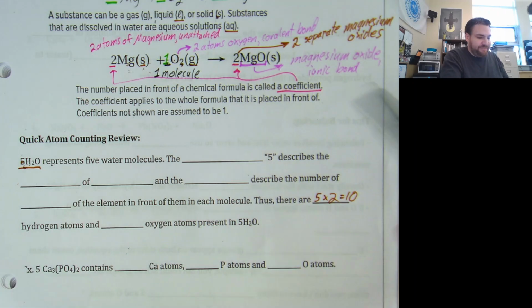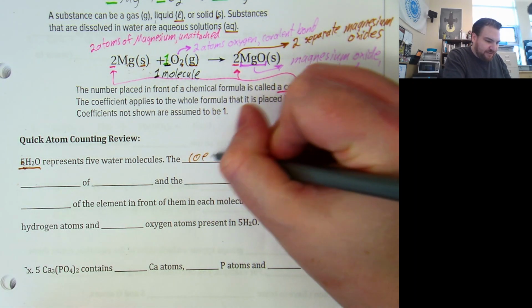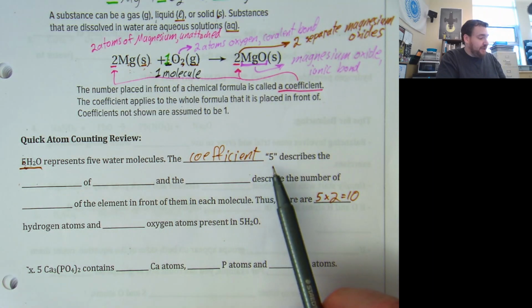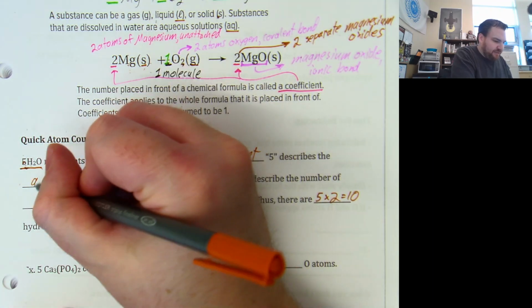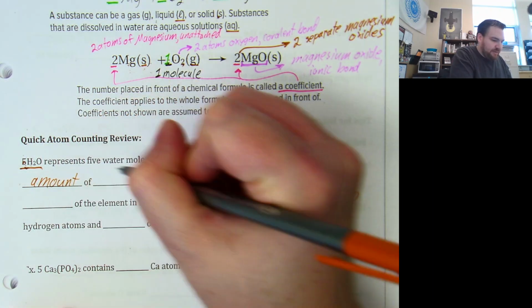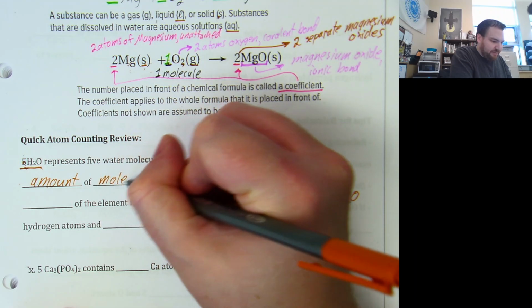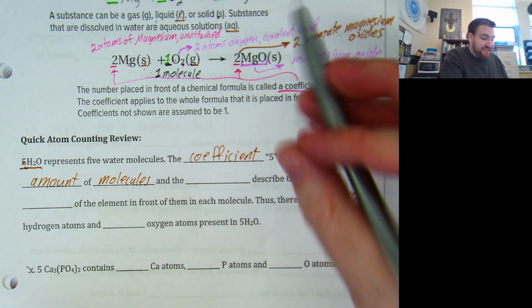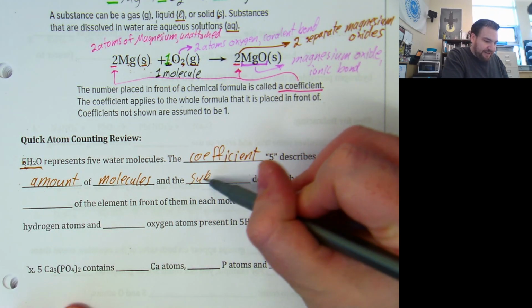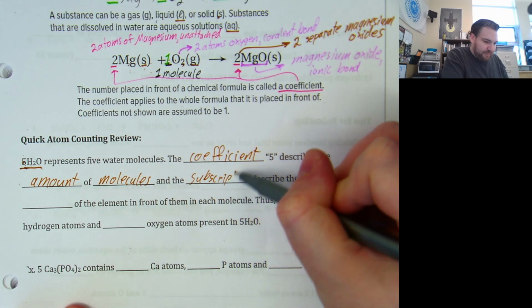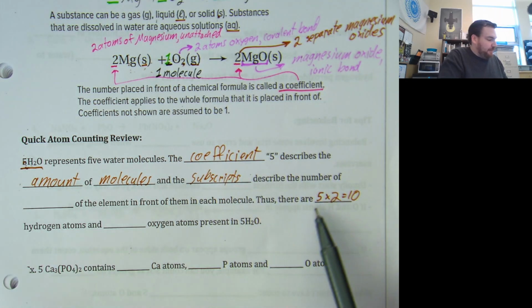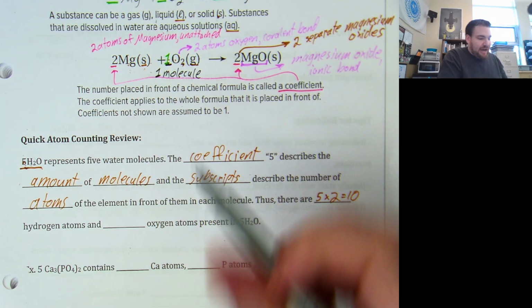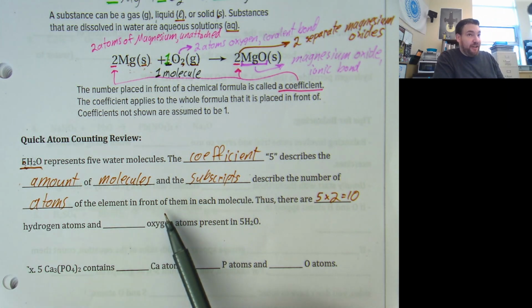Here's what we did. That coefficient out front is this first blank here. That 5 describes the amount of molecules present, and the subscripts, however many there are, describe the number of atoms of the element that's directly in front of them.